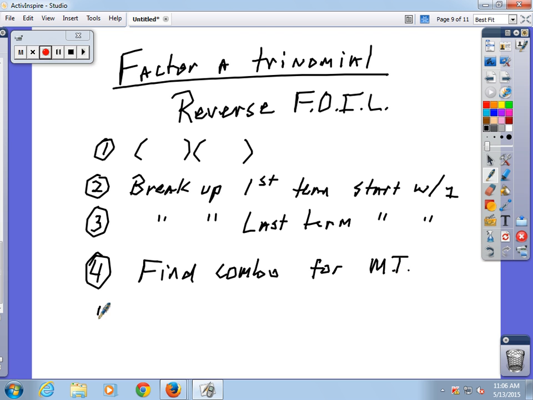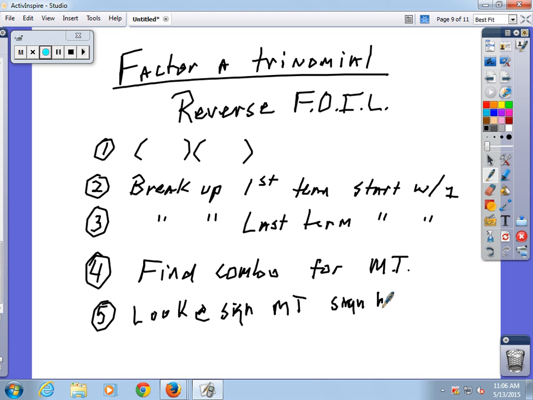5. Look at sign of middle term, and remember, the sign of the greater number, of the bigger number, carries.